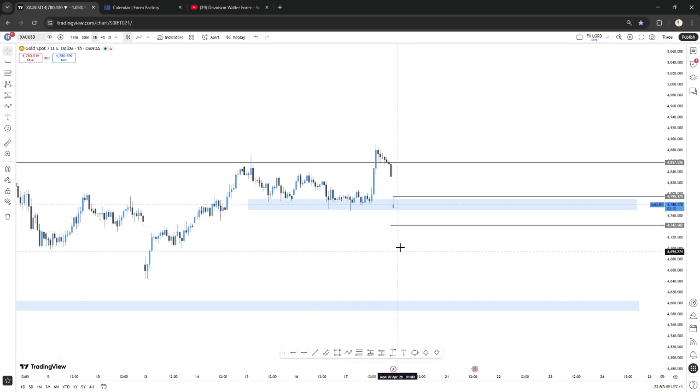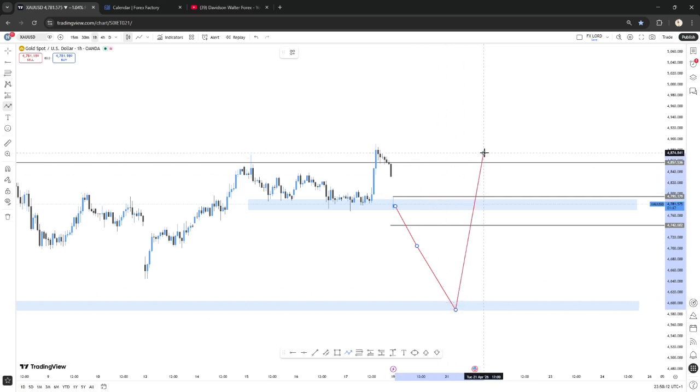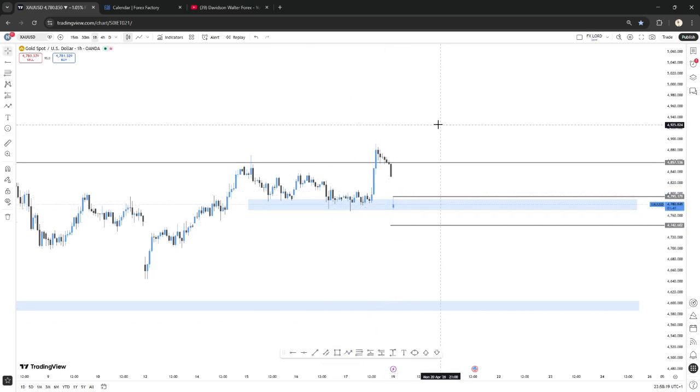If price takes out my stop loss, then since it has taken out all of this support, the next logical area to wait for is for price to come into this support, then you buy back to the upside again. So that's what I'll be looking out for. But right now, I'm on a trade on the support level. That's what I'm looking out for on XAUSD.